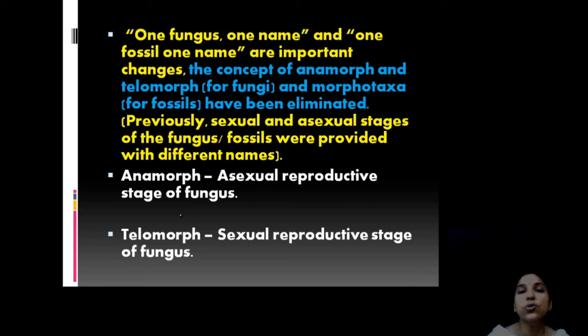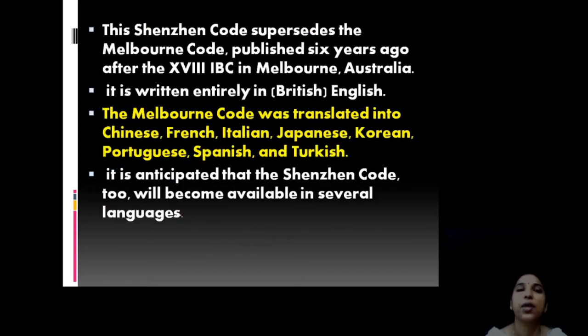That is avoided in this system, so fungi have only one name. The Shenzhen Code supersedes the Melbourne Code, which was published 6 years earlier; after 6 years, the 19th Botanical Congress in China published the Shenzhen Code.